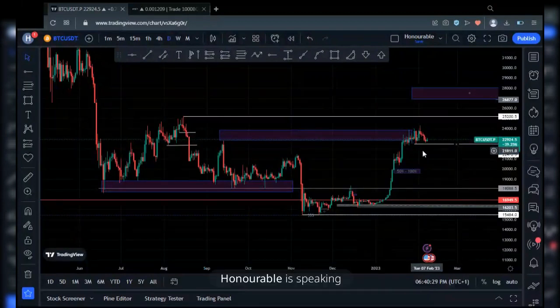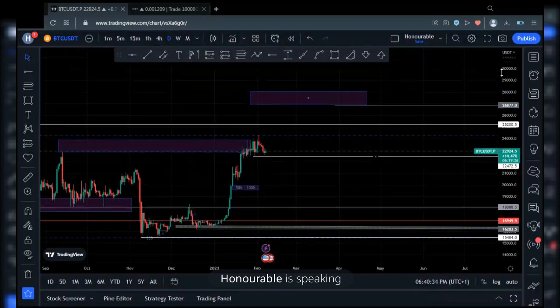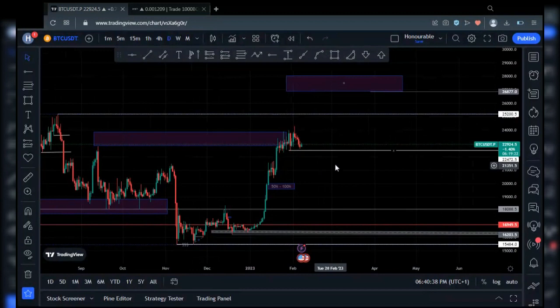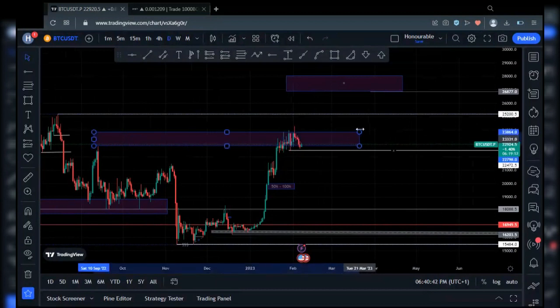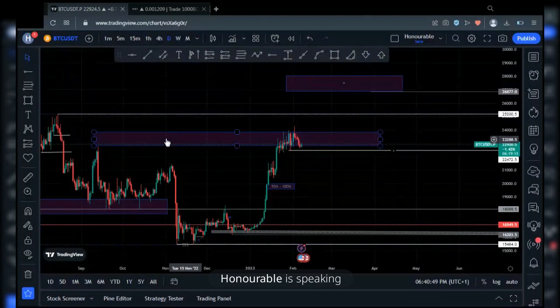For instance, we're going to paint a zone for resistance here. You can see this level acting as resistance. You see the zone.